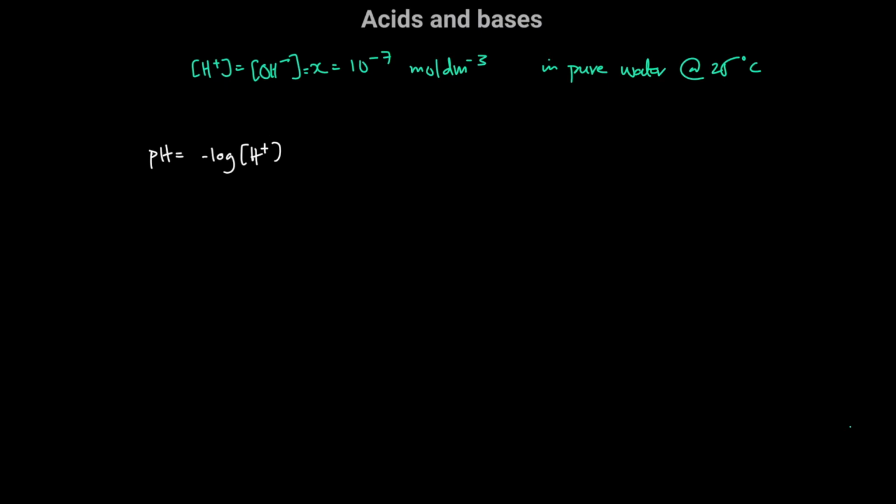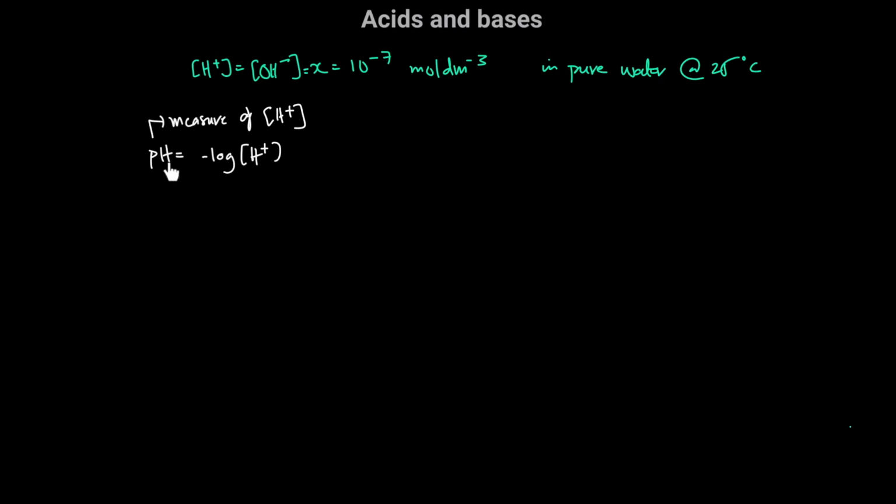It is simply a measure of the concentration of H+ ions. A lower pH means we have a higher concentration of H+ ions, and a higher pH means a lower concentration of H+ ions. You have learned this in O levels as well. Lower pH means a more acidic solution, and higher pH means a more alkaline solution.